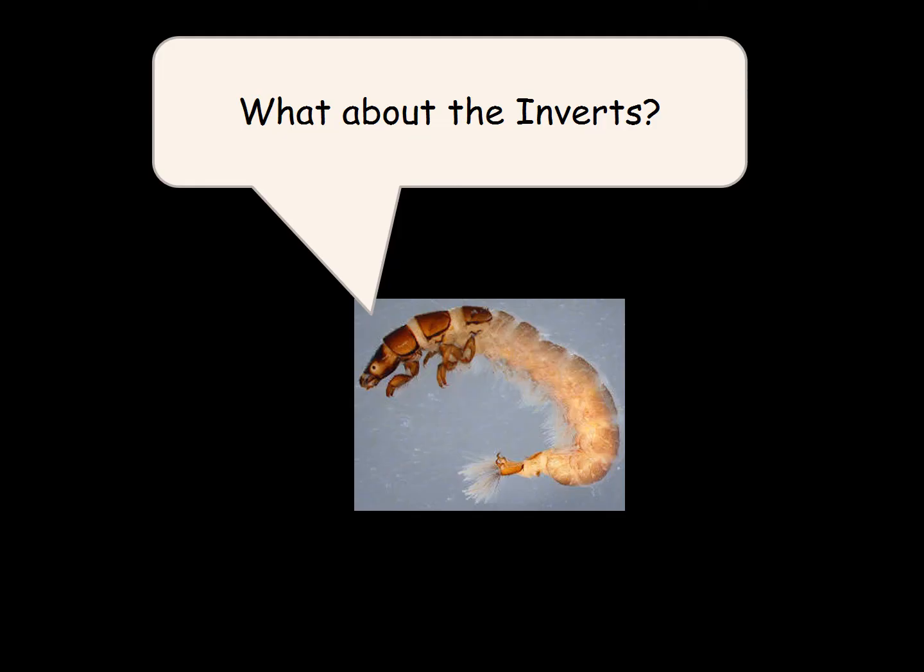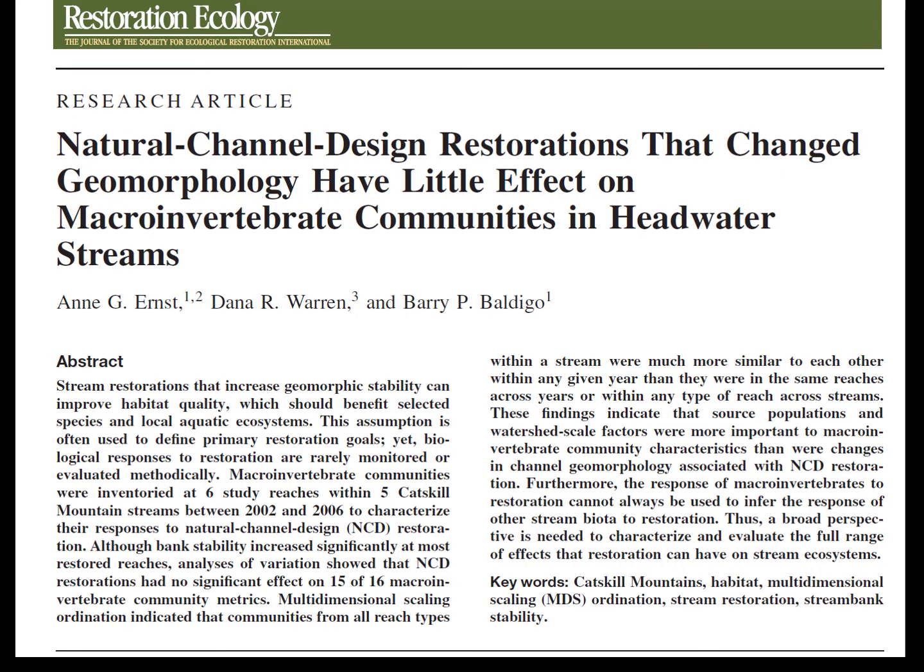But what about the invertebrates? Well, this was a study that analyzed the data from this very same study, but looked at invertebrates rather than fishes. And as you can probably conclude from the title there, they argued that these natural channel design restorations really didn't do much of anything for the macroinvertebrates.